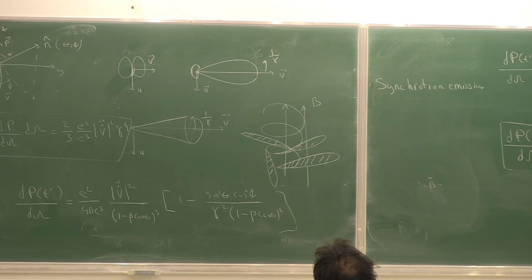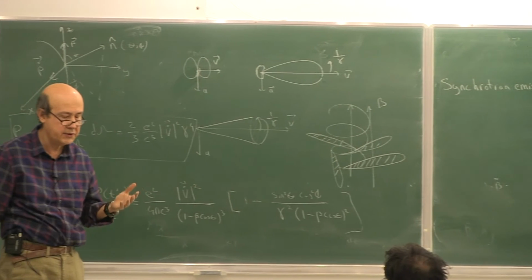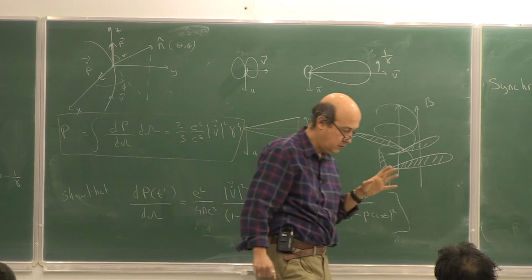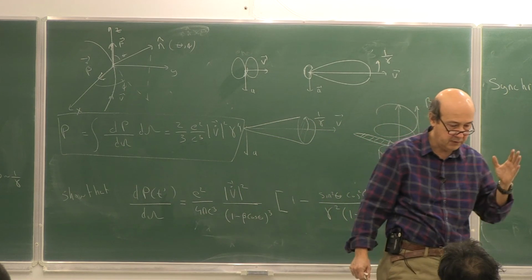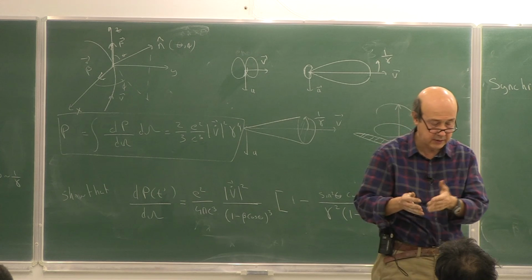So next, in the next hour, I will start to study the distribution of the radiation as a function of frequency or energy. Observationally, you have the number of photons given for different energy beams.